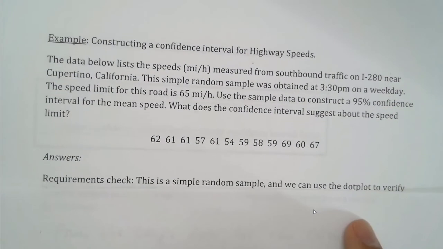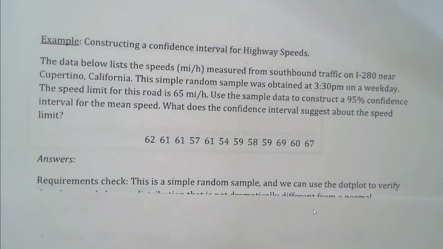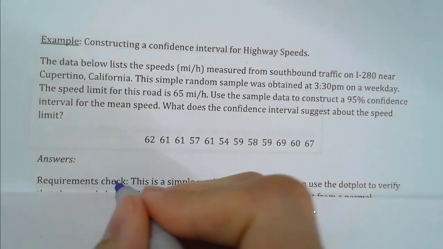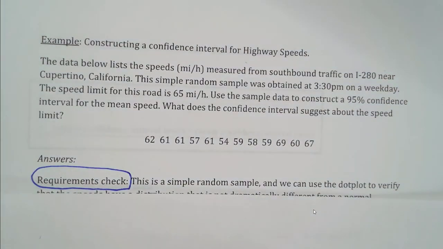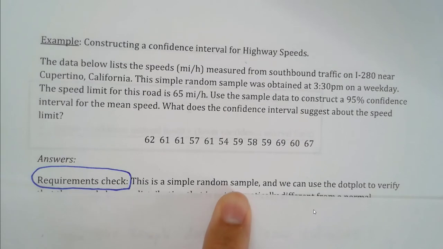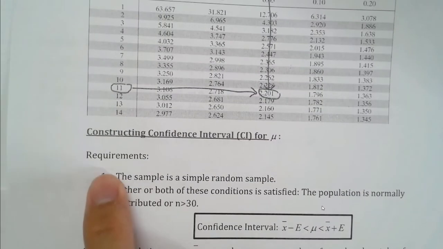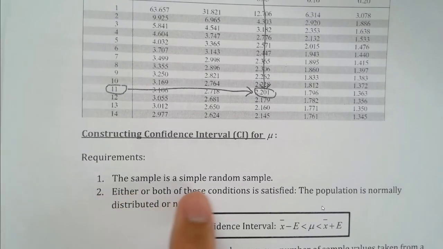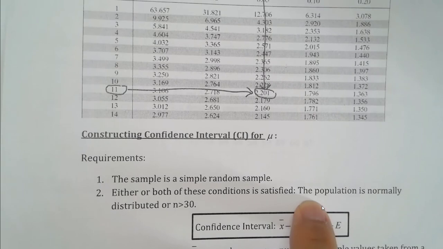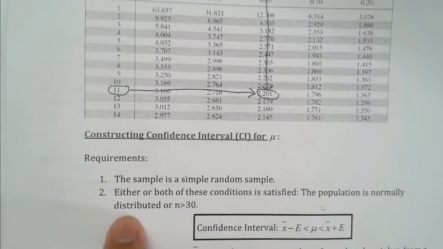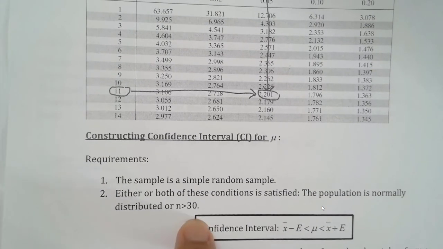Now, as the first step, we always do the requirement check. That is the first step. Okay, requirement check. This one is a simple random sample, so that is good. Remember, we have two requirements. The sample is a simple random sample, and then we need the population to be normally distributed, or the sample size to be bigger than 30.